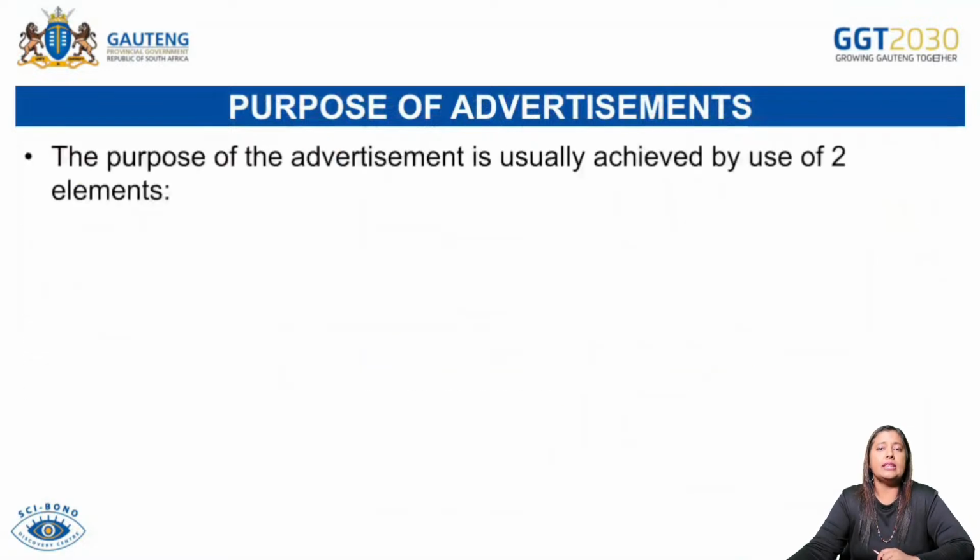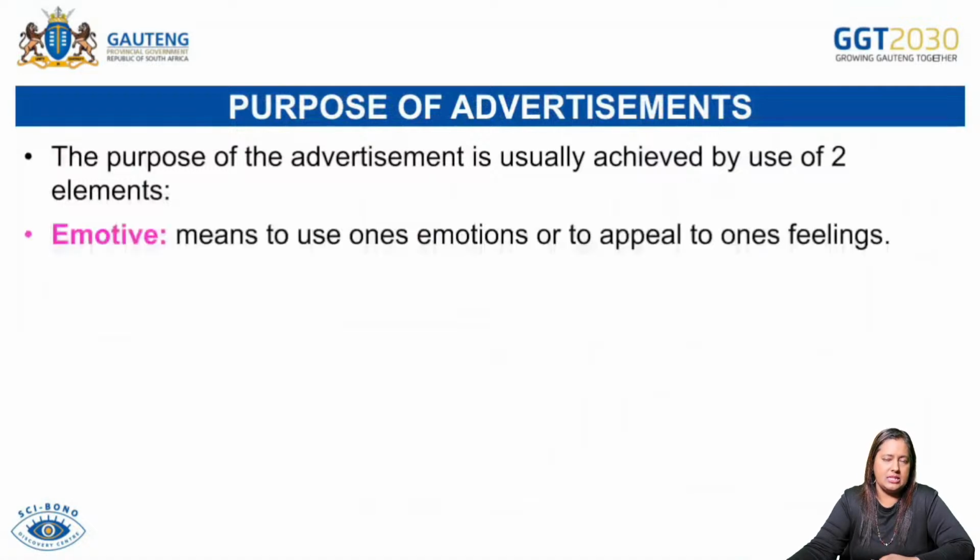If you're looking at the purpose of the advert, you need to understand that there are two elements. Firstly, it is based on an emotive response, meaning it plays on your emotions. It is meant to appeal to you in a positive way so that you can do something. However, it can also appeal in a negative way, where you take it upon yourself to act against that.